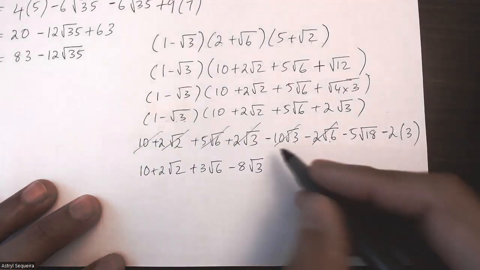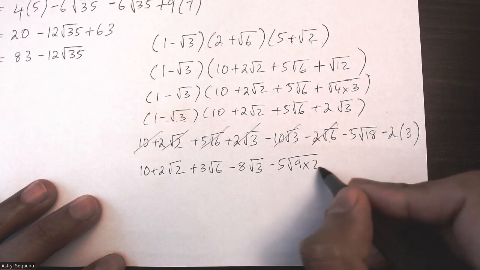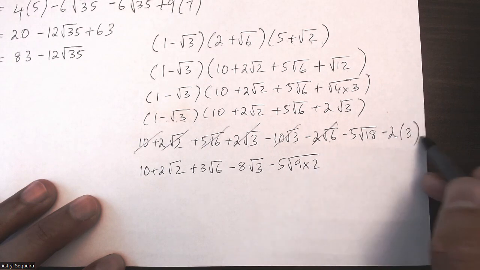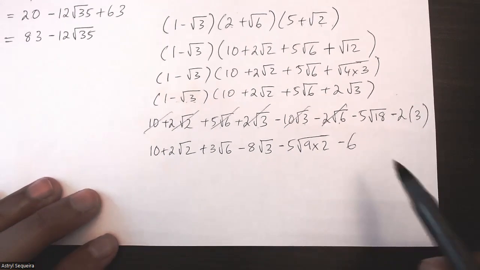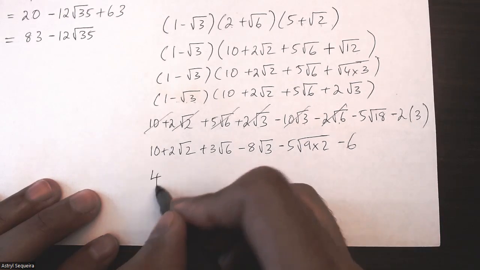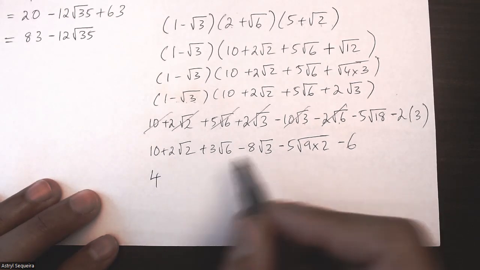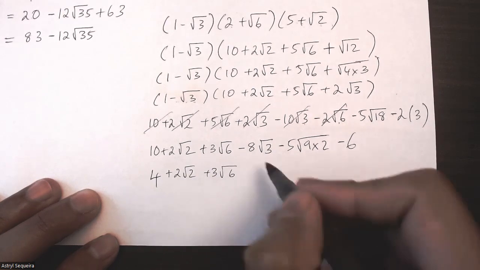This one I can actually simplify by turning this into a 9 times 2, because 9 is square rootable, and negative 2 times 3 is negative 6. Now we can combine these two terms. 10 minus 6 is just 4. None of these can combine, so I'm going to write them all the same.